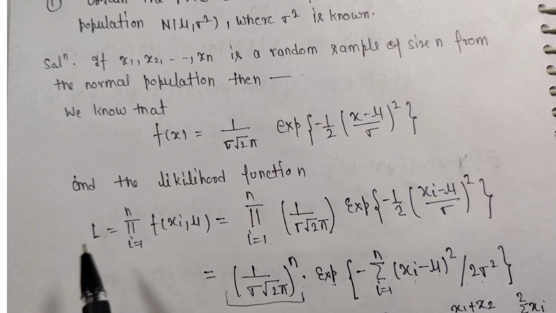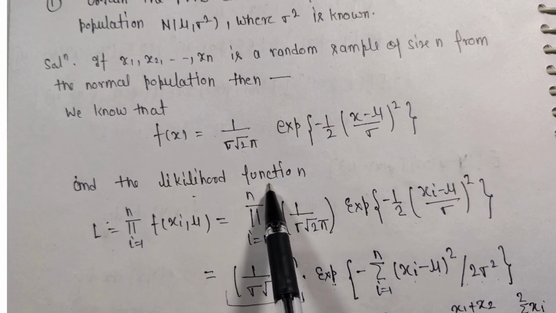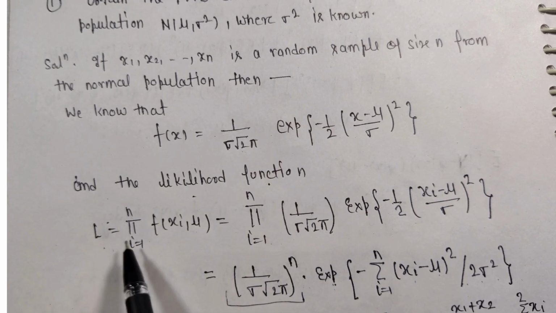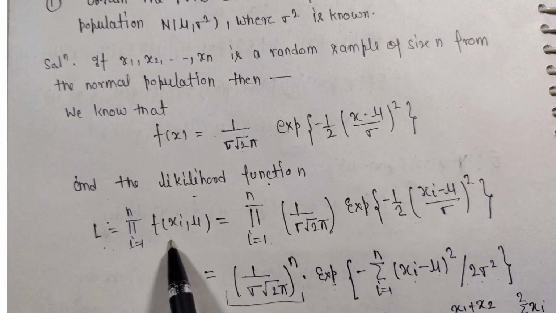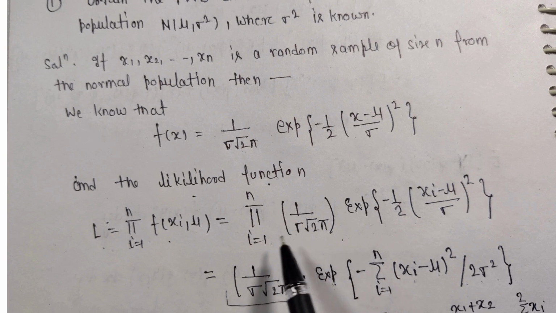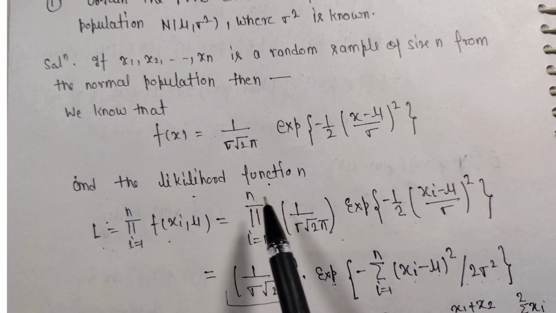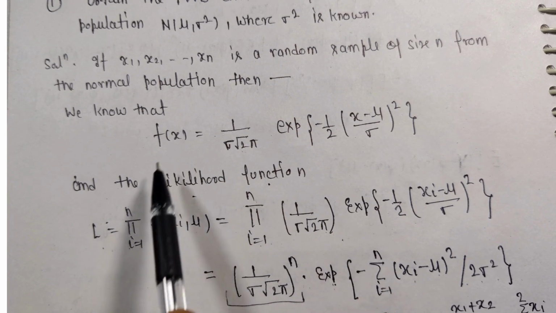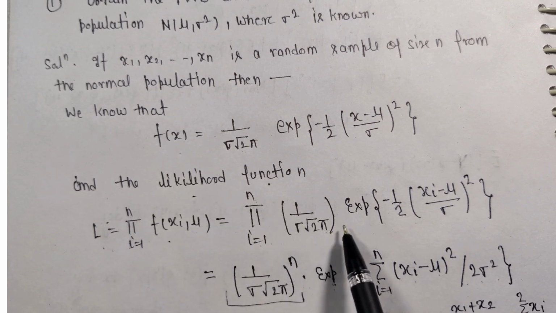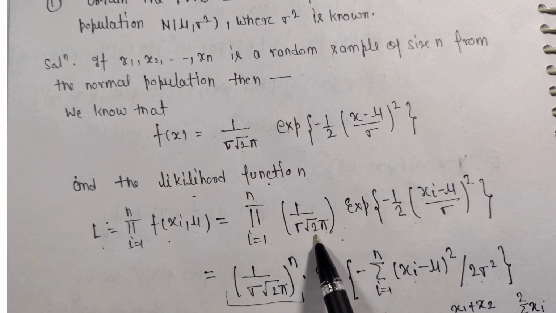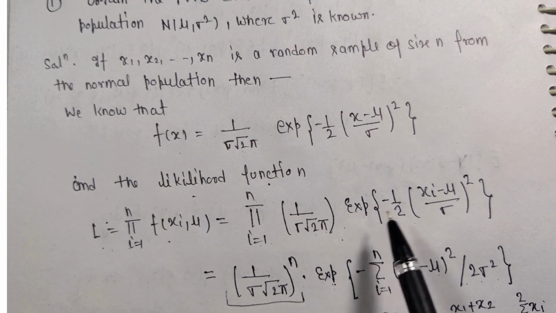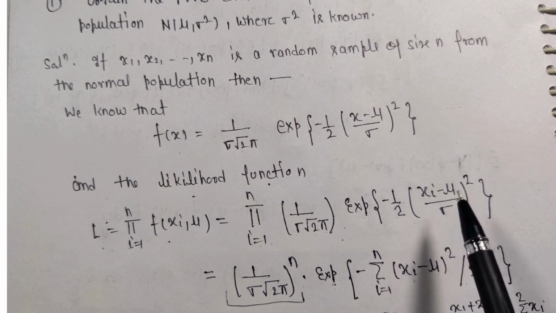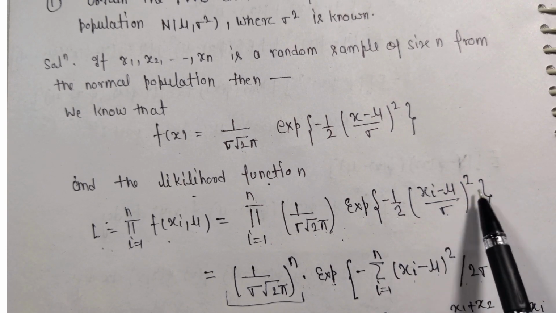Okay, and the likelihood function L is the joint density, and we can write it as the product, i going from 1 to n, of the density of xi. So this is (1 upon sigma root 2 pi) exponential minus half ((xi minus mu) upon sigma) square.